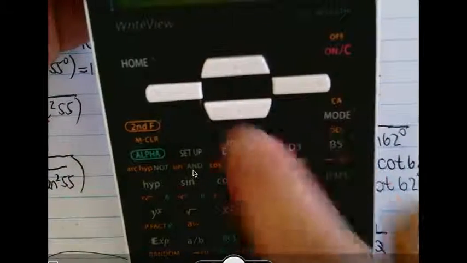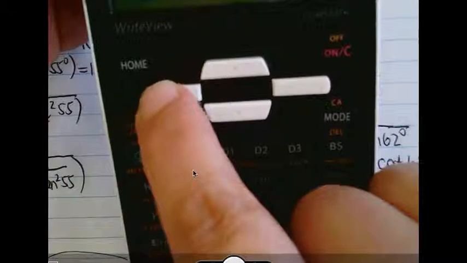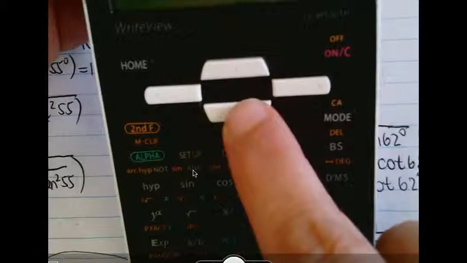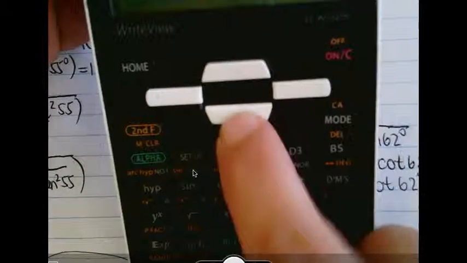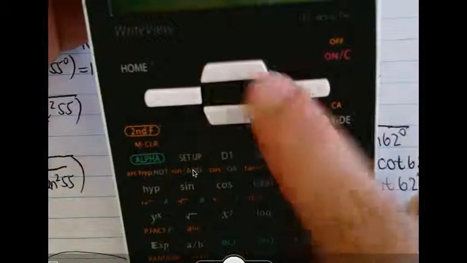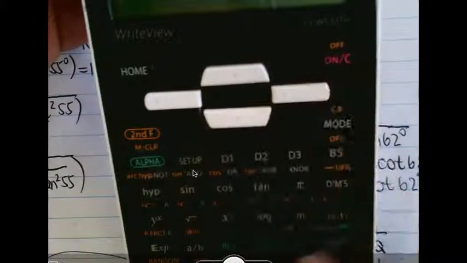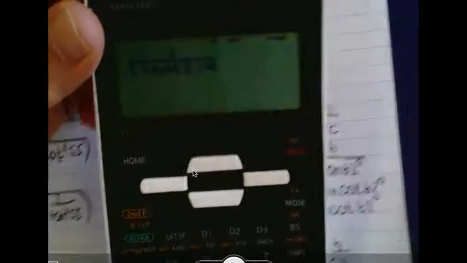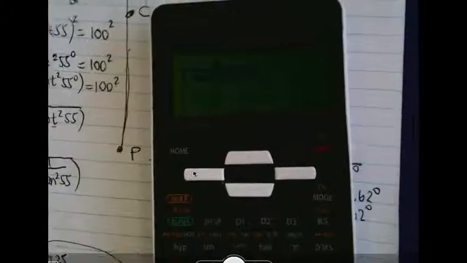Why don't you put brackets around the tan 62? Oh dear. I'm not good with this calculator. And square it. Can you see that?